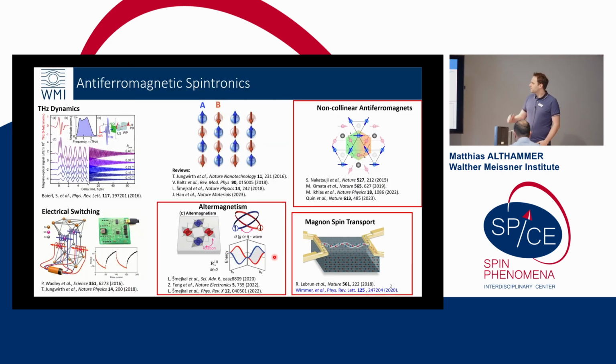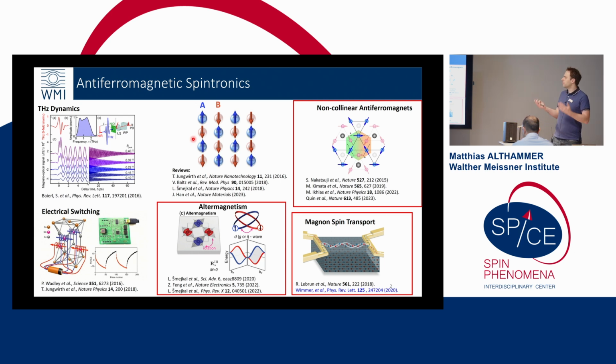First of all, antiferromagnetic spintronics is a very vast field where many different developments have occurred in, I would say, the last 10 to 15 years. The central thing is the antiferromagnetic structure, this typical collinear arrangement of two sublattices, A and B, aligned in antiparallel fashion.